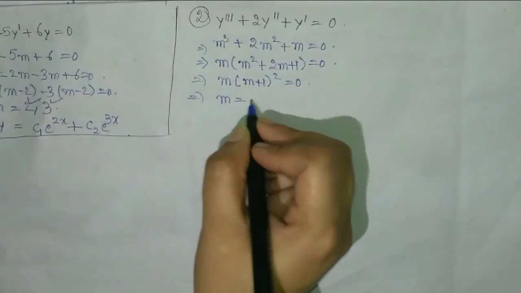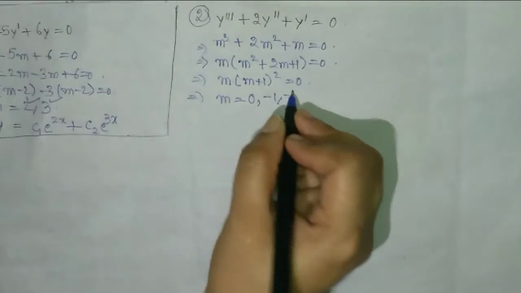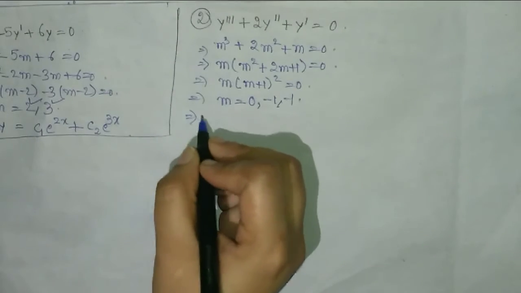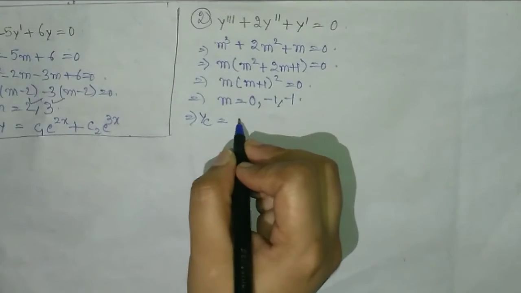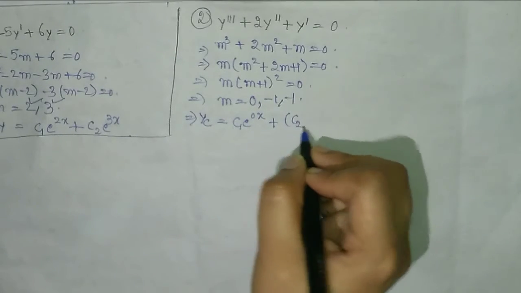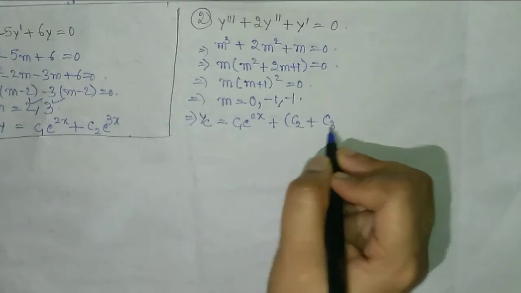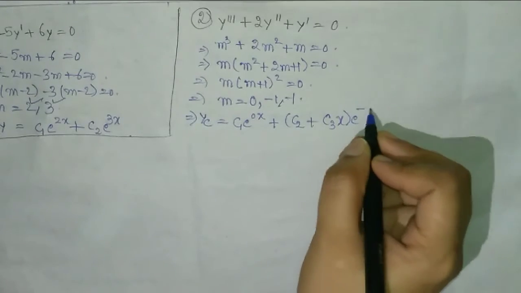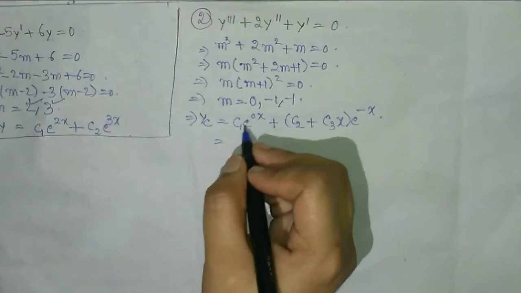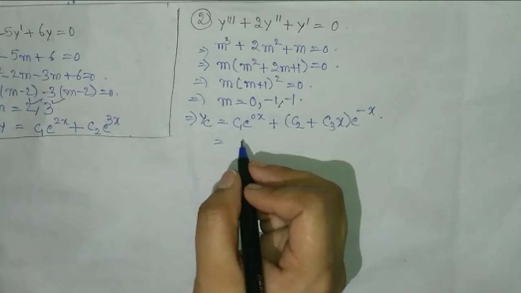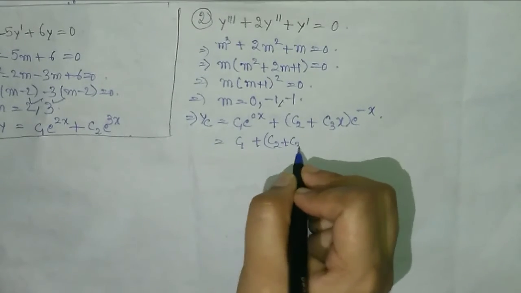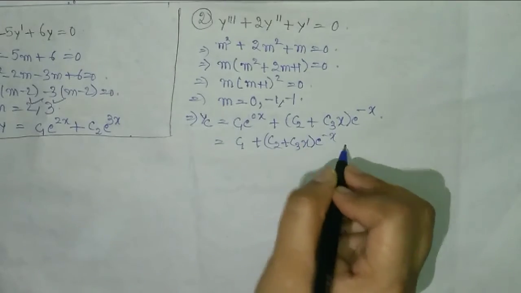We got its roots as 0 and minus 1, where minus 1 is repeated 2 times. Its complementary function is given by c1 e^(0x) plus (c2 plus c3 x) e^(-x). Since e^0 is 1, this becomes c1 plus (c2 plus c3 x) e^(-x).